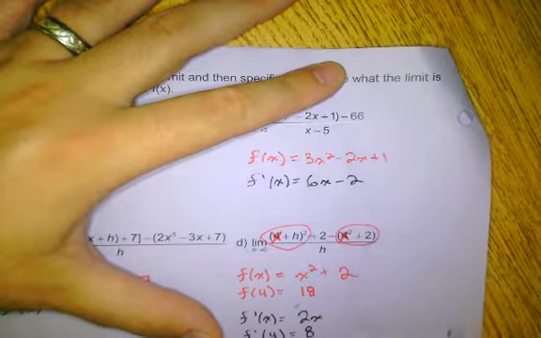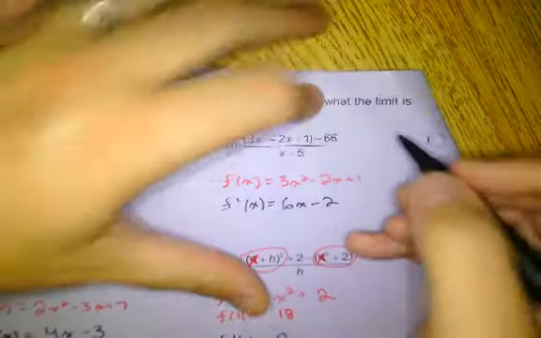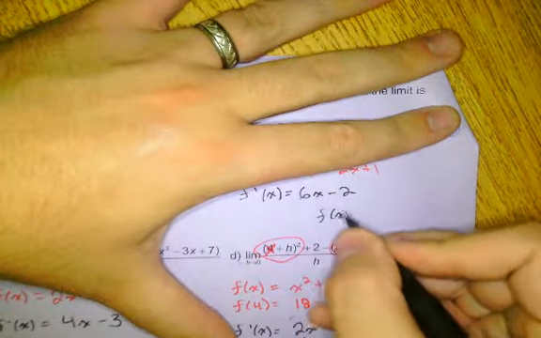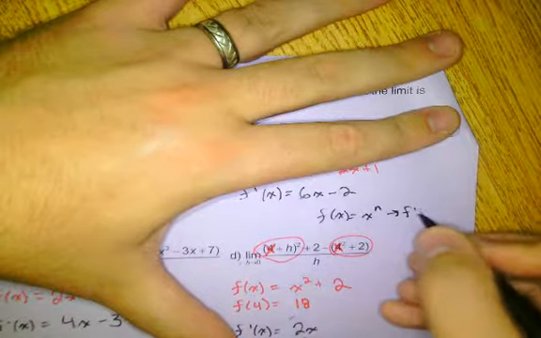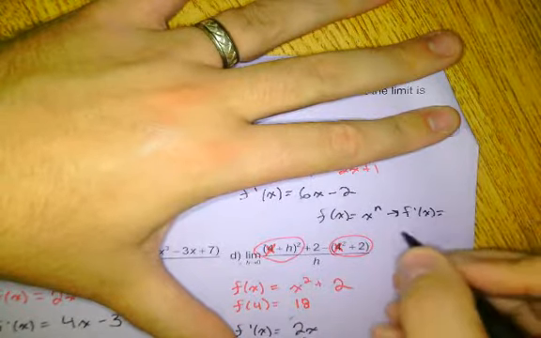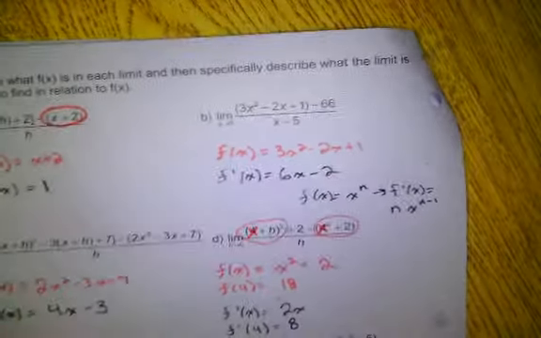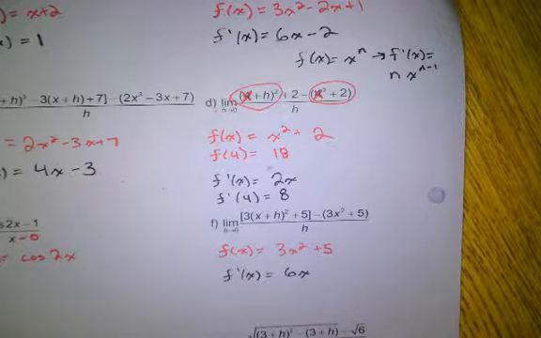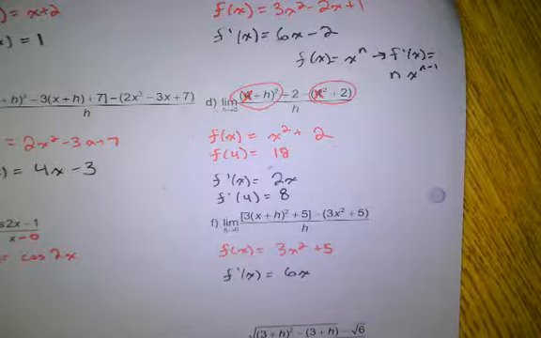So it's just 2 times 1. That's the rule. So take the exponent, multiply it in front, and then you take away 1 from the exponent. And you do that to each term.